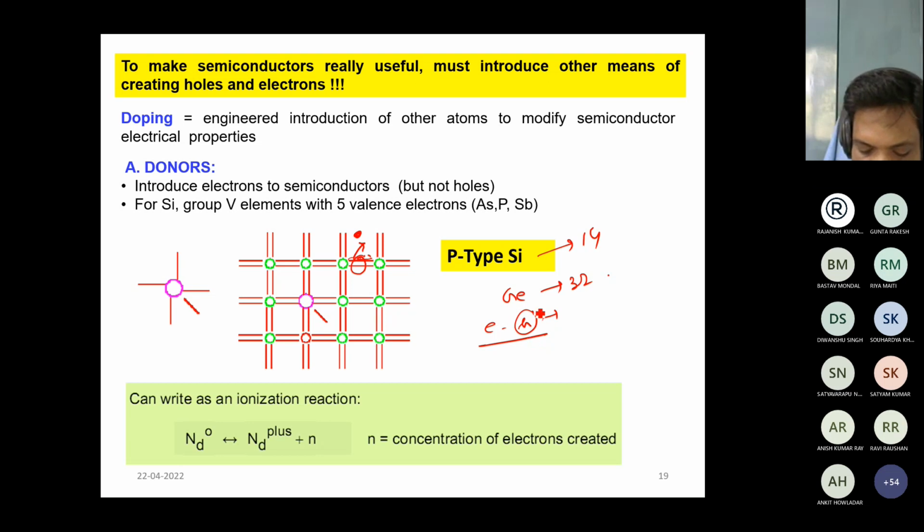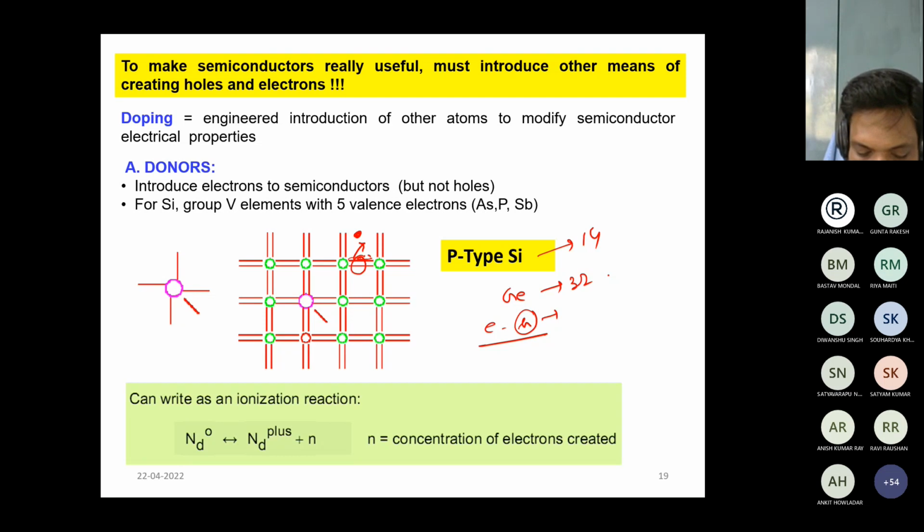That's why if you increase the temperature, the atomic vibration will increase, and that leads to the breaking of the covalent bonding. That will increase the generation of electron hole pairs and will increase the conductivity. But for an intrinsic semiconductor, the amount of conductivity, or the current we are getting, is not so significant.